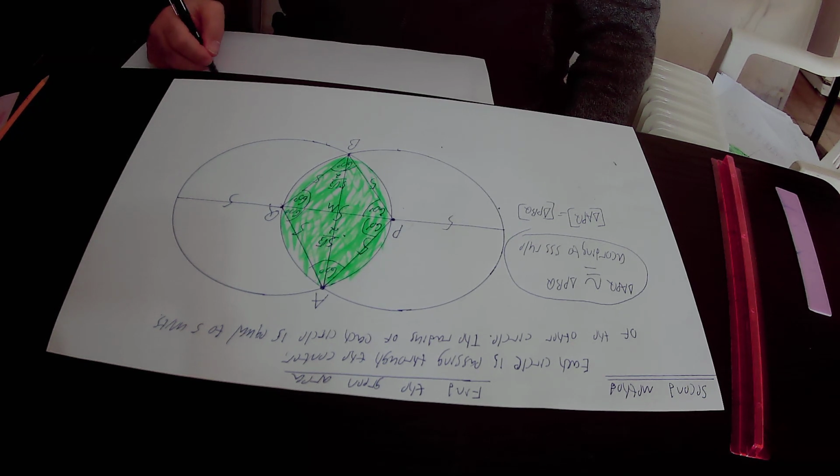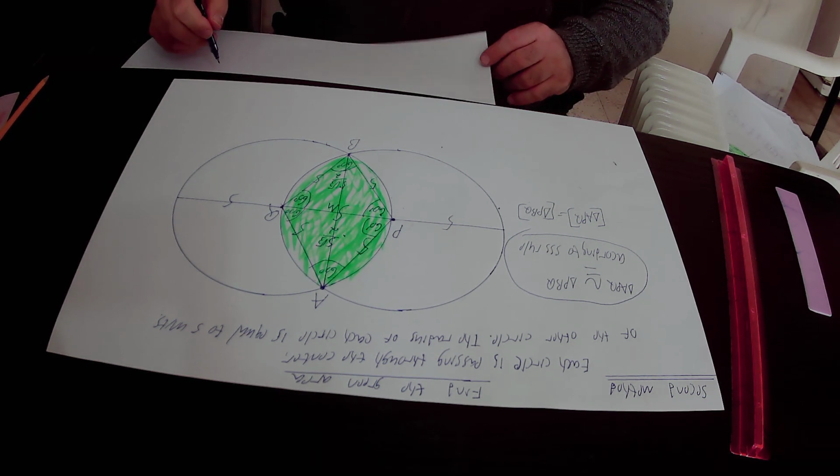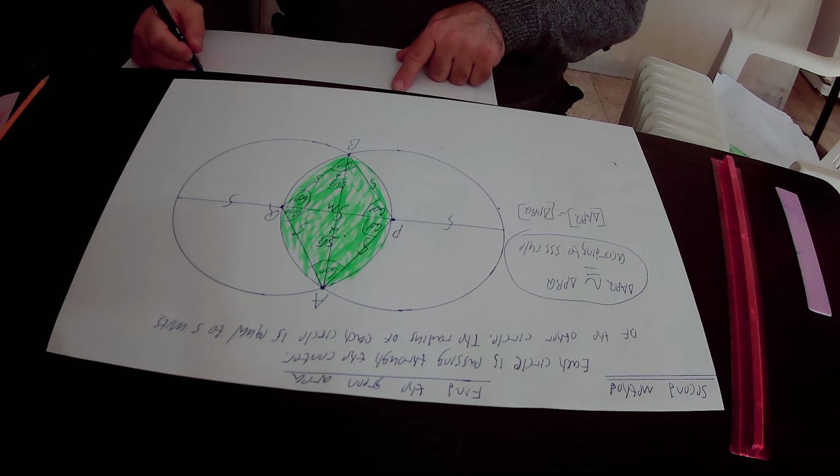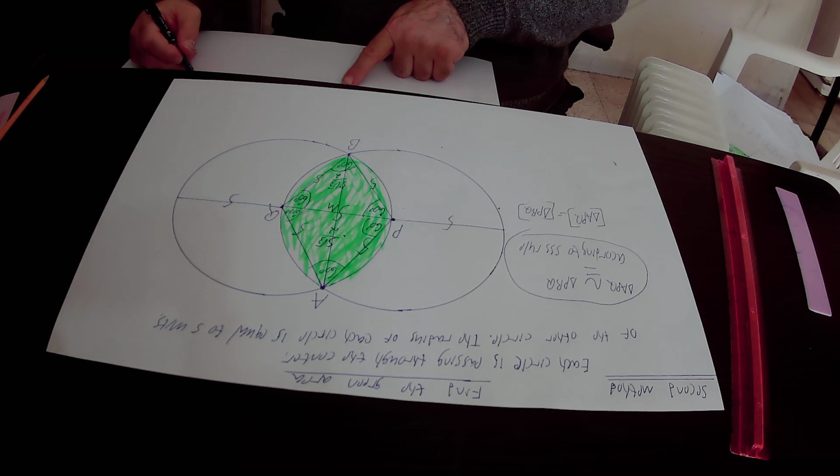So in conclusion, r equals 5 units, so r square is 25, and the area of segment AP equals 25 pi over 6 minus 25 square root of 3 over 4.